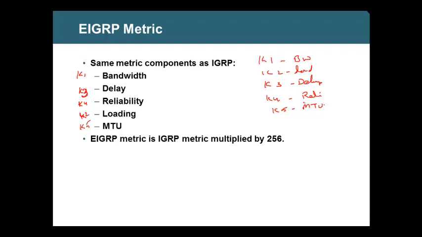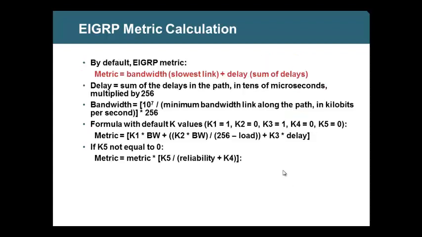In the algorithm, K3 means delay. K3 is 1 multiplied by the actual delay. K2 is load, which means 0 multiplied by bandwidth, and 0 multiplied by bandwidth is 0.